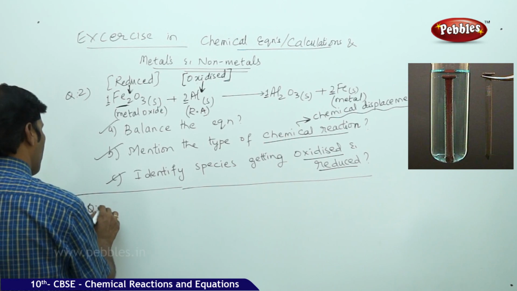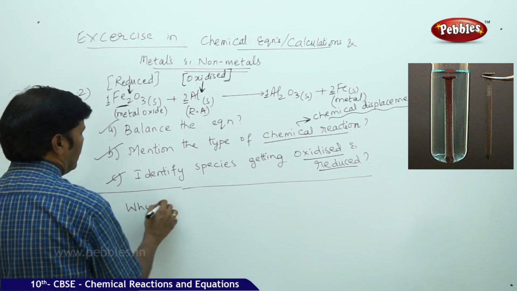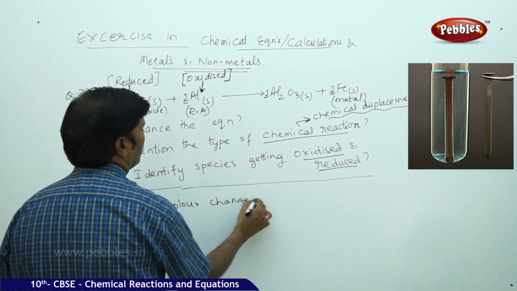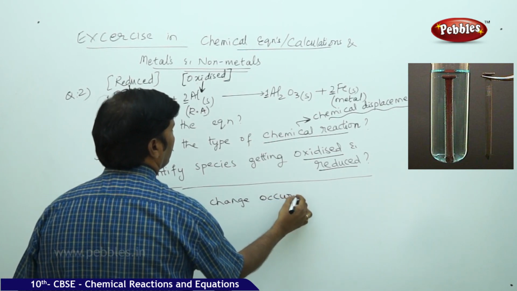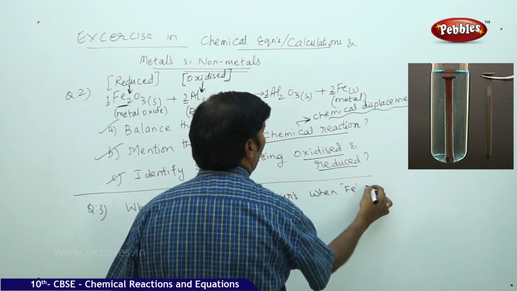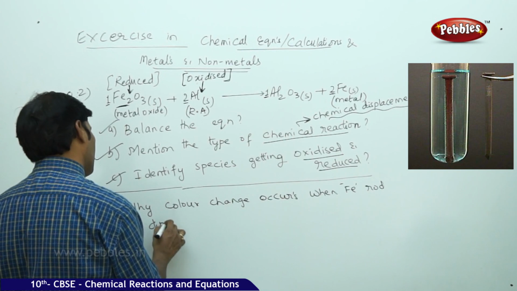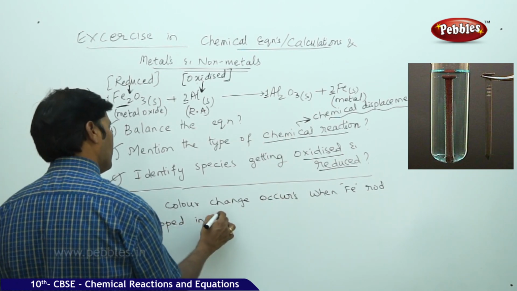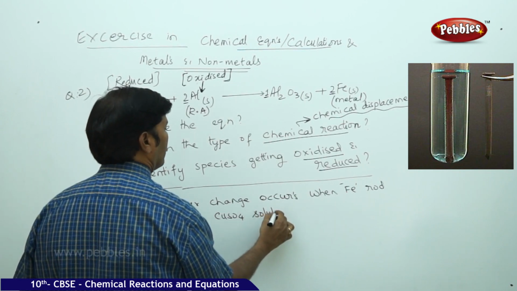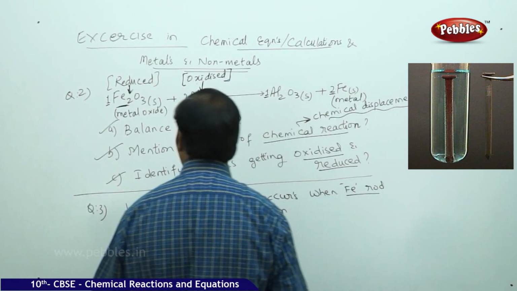Question number 3. Why does a color change occur when an iron rod is dipped in copper sulphate solution?